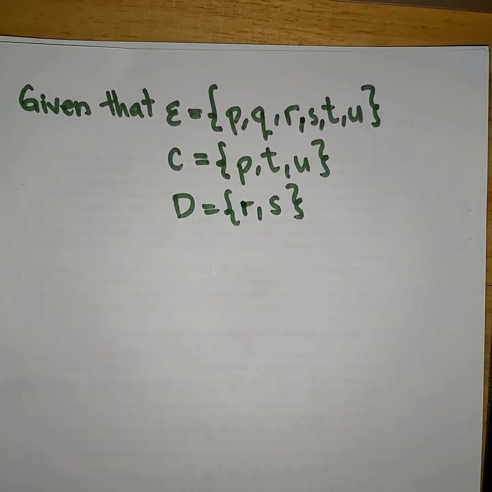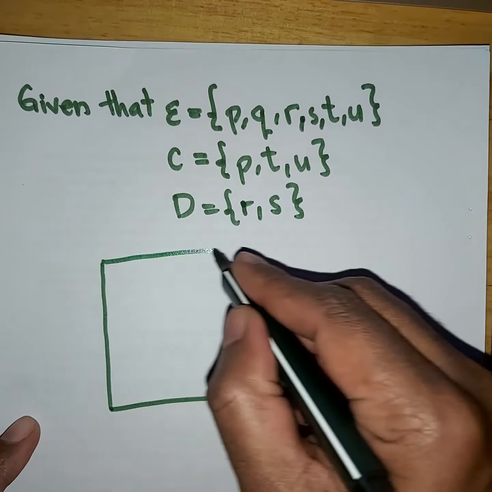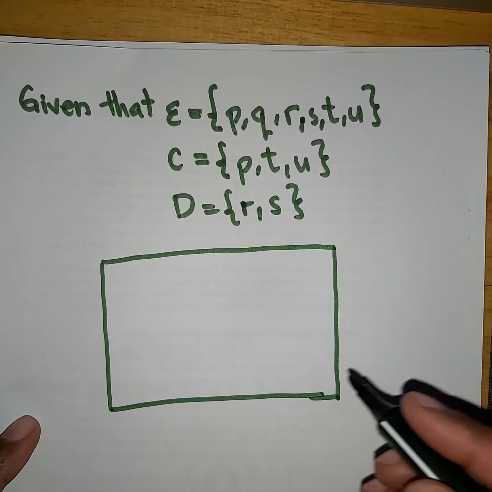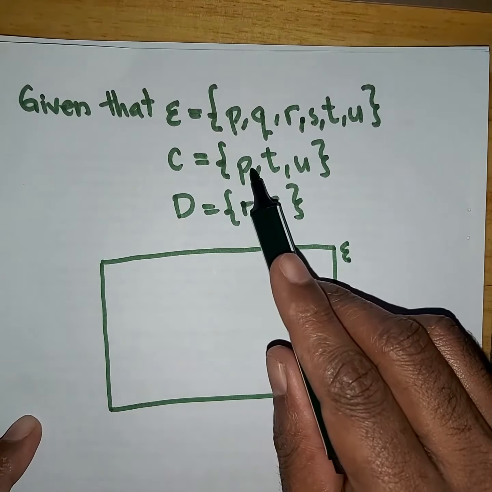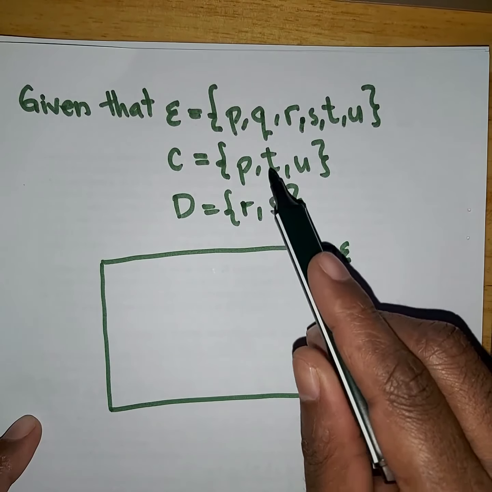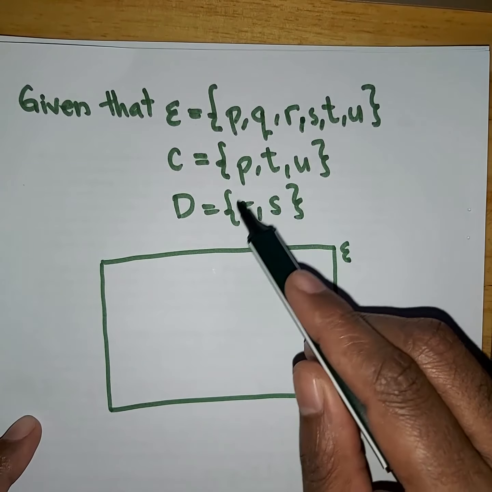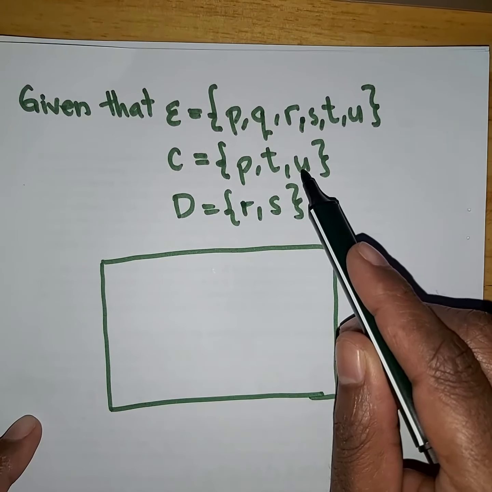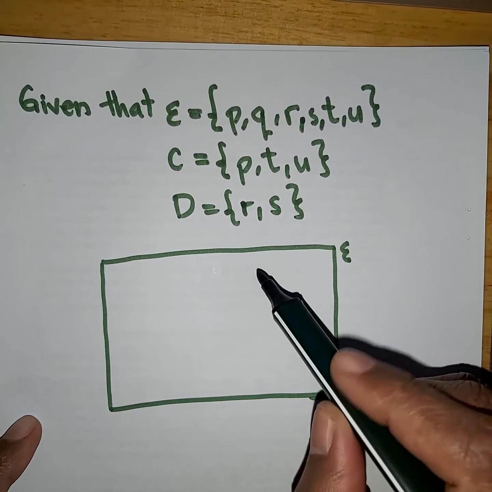First thing first, start with a rectangle, that is the universal set. Now look at all elements. First, find the elements that are common to the two sets, as in the previous example.